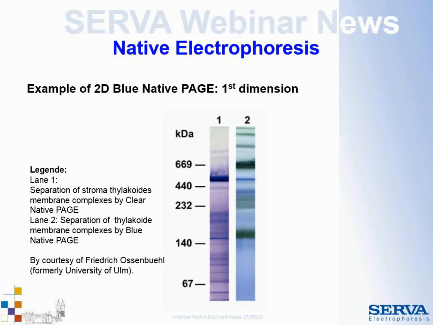Lane 1 shows separation of membrane complexes by clear native PAGE. Lane 2 shows the separation by Blue Native PAGE. Due to the different running buffer systems and the absence of Coomassie in the clear native PAGE, it shows a different pattern than in the Blue Native PAGE.